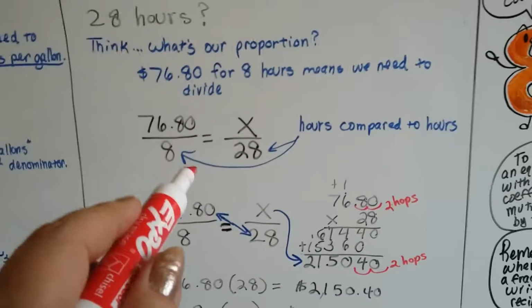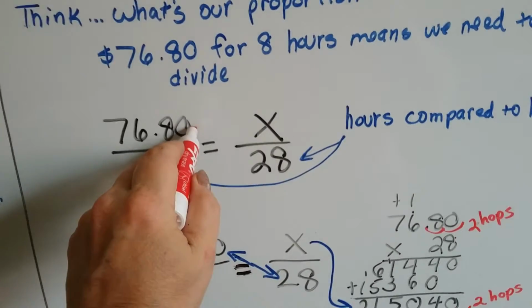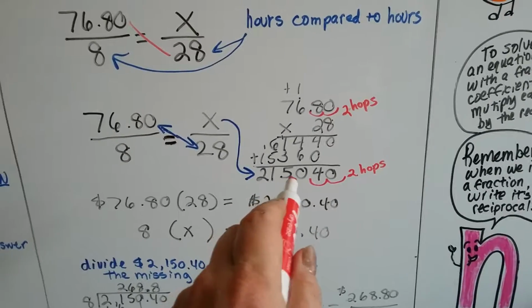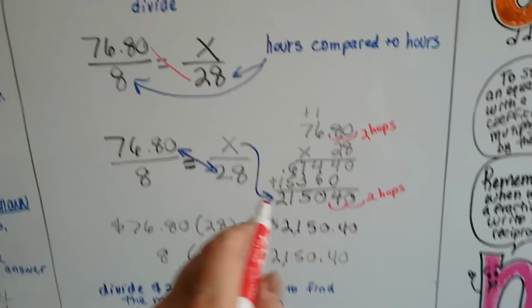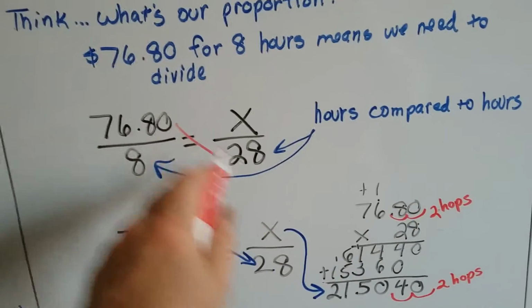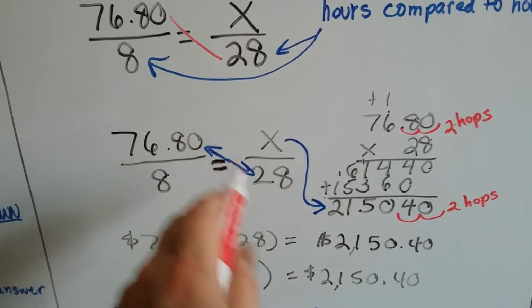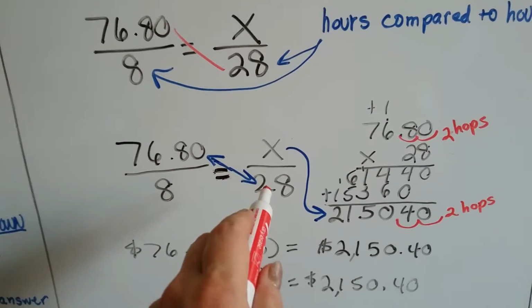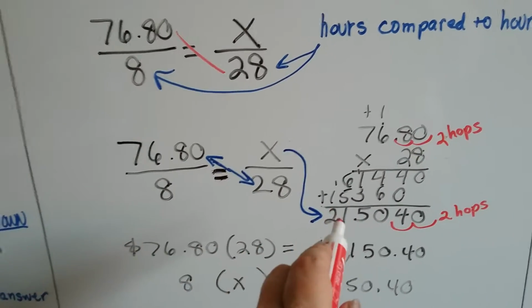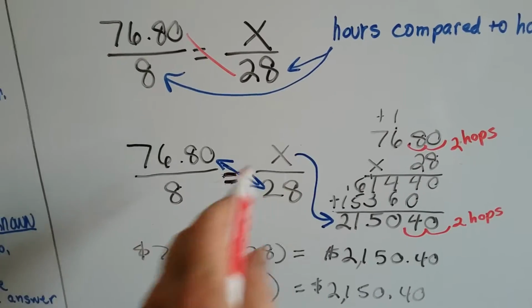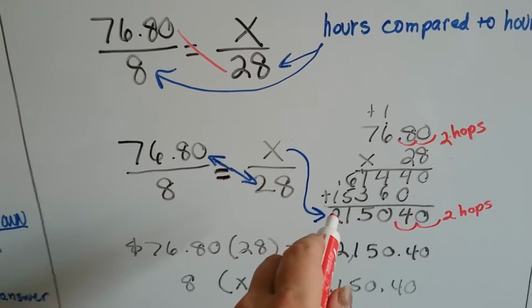In order to find out what this is, we need to multiply the 7680 by 28, and we do, and we get $2,150.40. So $76.80 times 28 came out as $2,150.40, and that's what 8x is going to equal, okay?